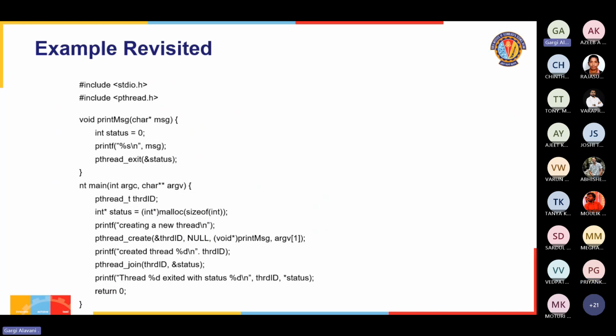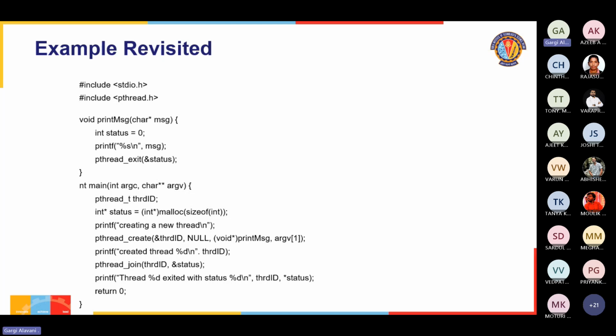So the difference between pthread exit and pthread join: pthread exit terminates a thread, whereas pthread join will wait for a thread to terminate. It ensures that the thread gets terminated. Pthread exit is called within a thread, while pthread join is called from another thread.